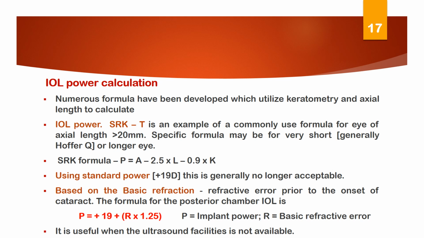The formula for the posterior chamber intraocular lens power is P = +19 + R × 1.25, where P is the implant power and R is the basic refractive error. It is useful when ultrasound facilities are not available.